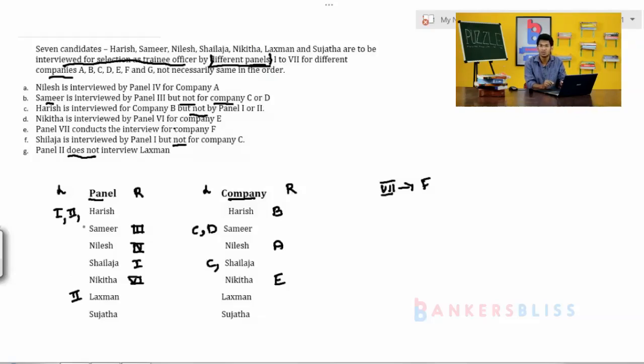Then how do we solve the negative constraint? Look here. Lakshman is not by 2nd. Lakshman and Harish. First you have to write those who are finished. First to 7 I am going to write. After that I am going to eliminate the 2nd, third, fourth, fifth, sixth and seventh.